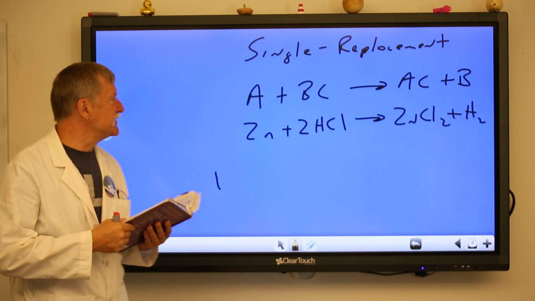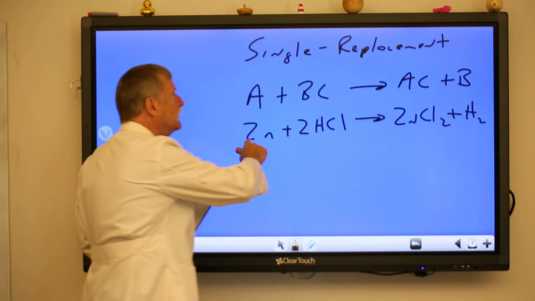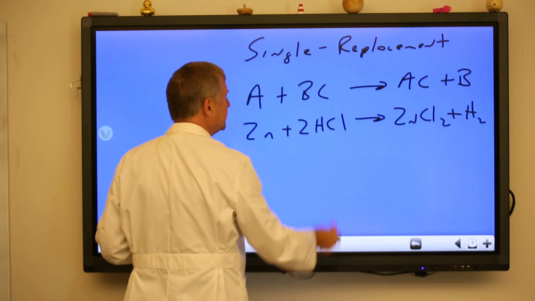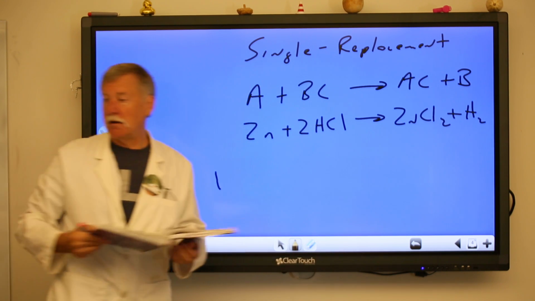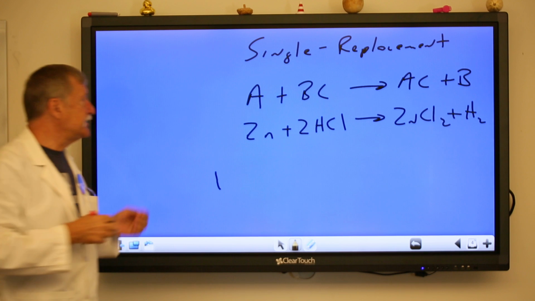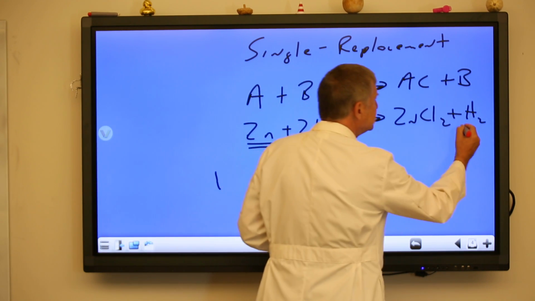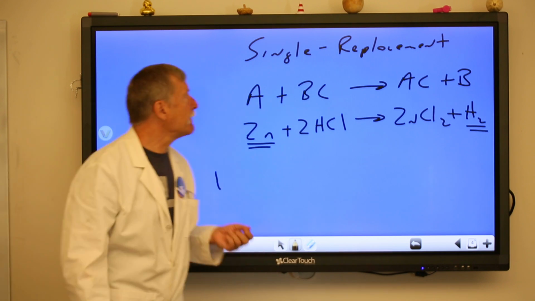And we ask ourselves, is that balanced? Yeah, we got 1 zinc here, 1 zinc there, 2 hydrogen here, 2 hydrogen there, 2 chlorine, 2 chlorine, all right? But the idea is that you've got a single thing here and now a different single thing there.